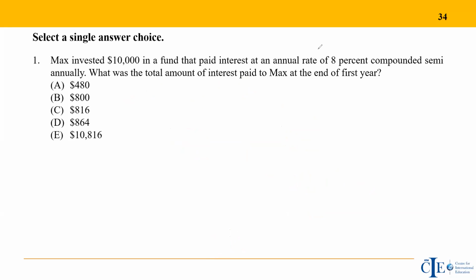Also, if you try to work out the difference between compound interest and simple interest, CI minus SI, you can simply write this as P into R square over 100 square.